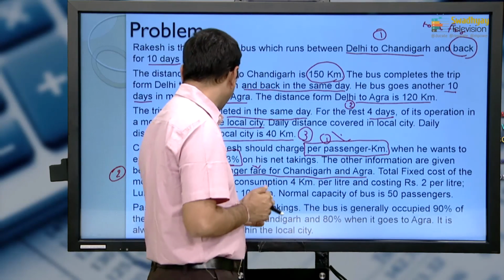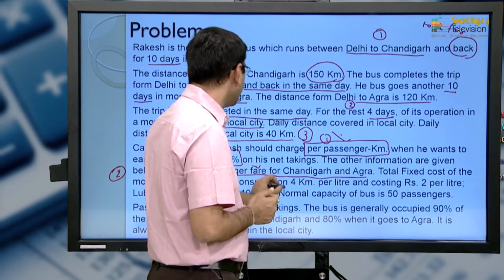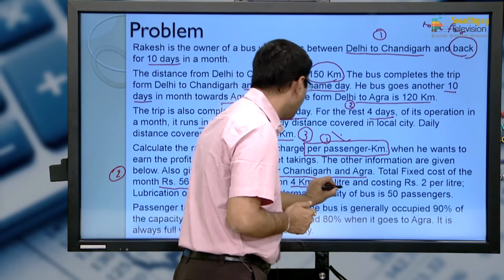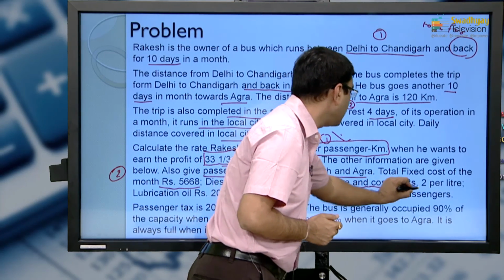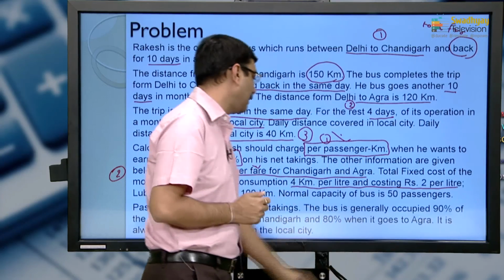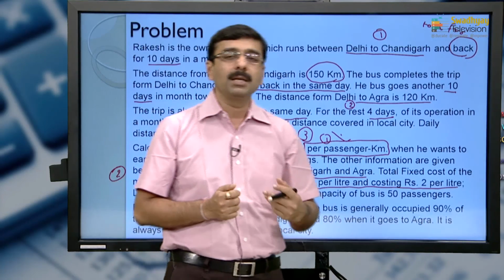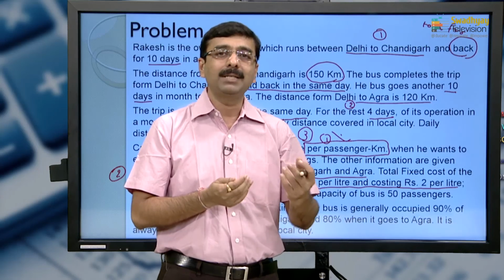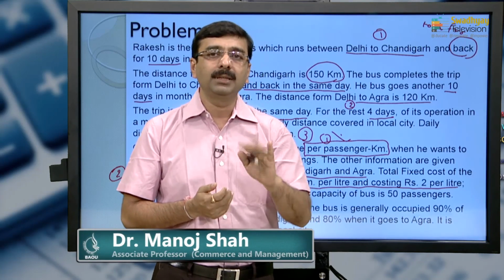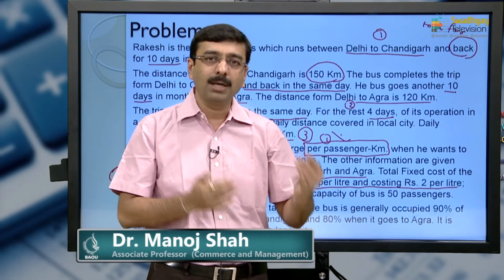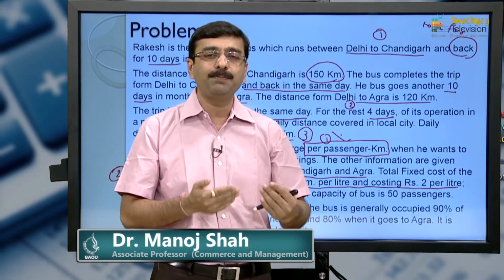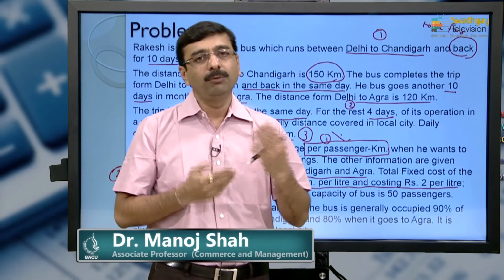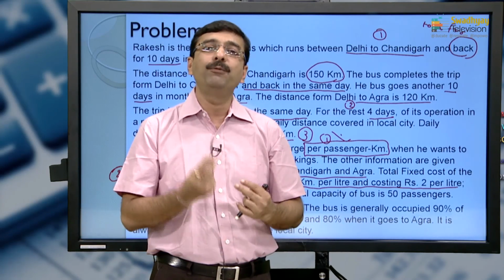Now moving to the second part, diesel consumption is 4 kilometers per liter and costing is rupees 2 per liter. This is an important statement. It means that the bus offers an average of 4 kilometers per liter, which requires 2 rupees for every 4 kilometers.